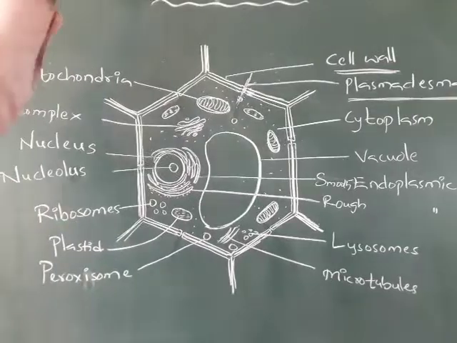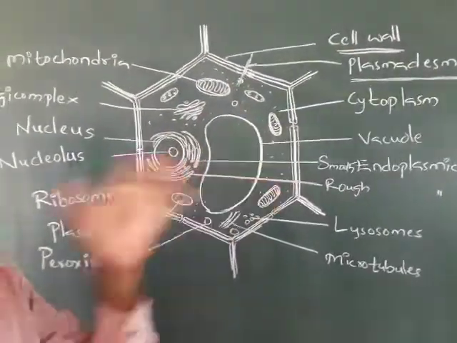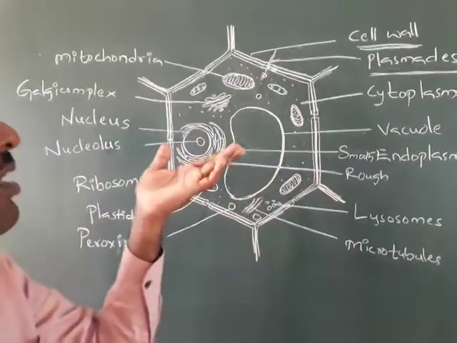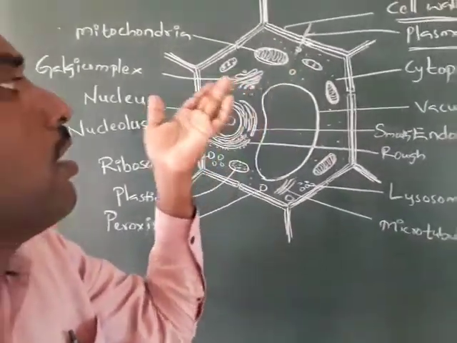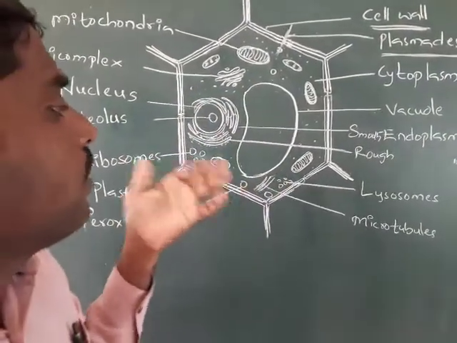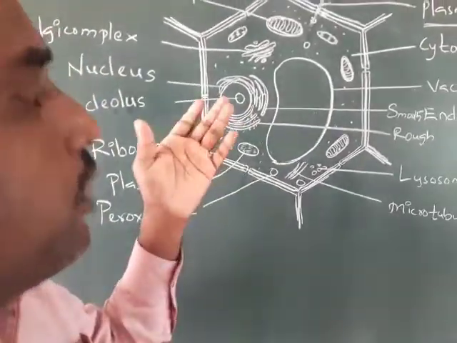And all the membrane-bound organelles are present in the eukaryotic cell. What are they? The mitochondria, Golgi complex, lysosomes, plastids, endoplasmic reticulum and nucleus.